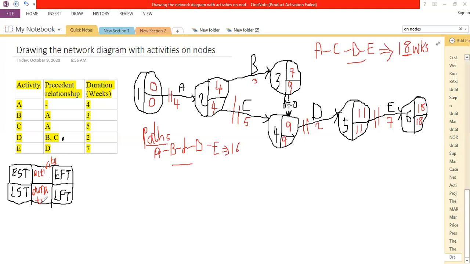You can write the word duration in full if you're drawing this. So in the upper portion we will fill in the activity name, like A, B, C, D. Then on the lower end, we'll be filling in the duration of the activity. So we can now draw our network, having known what to fill in.